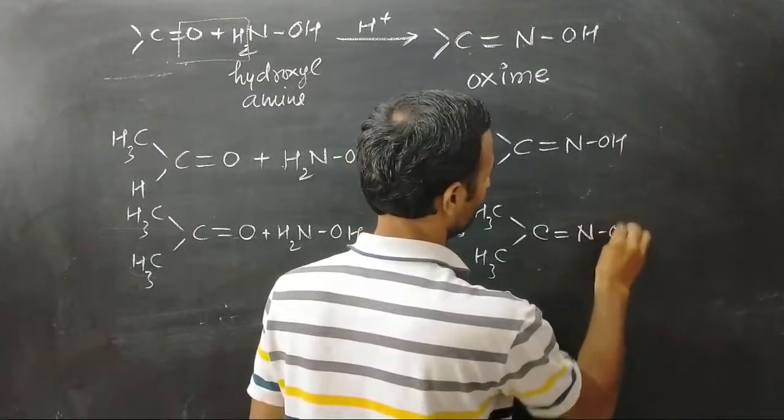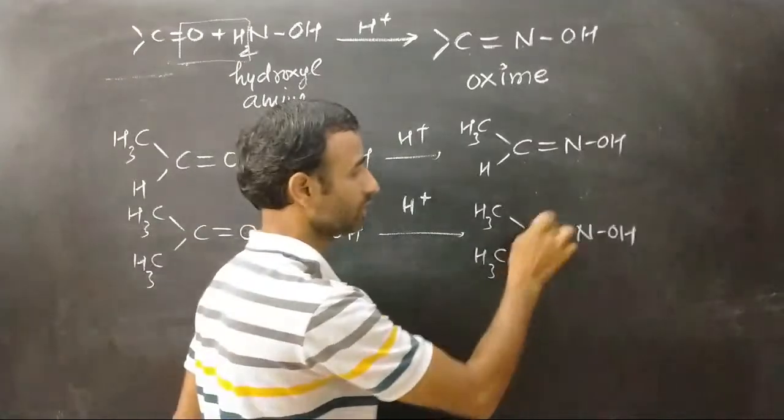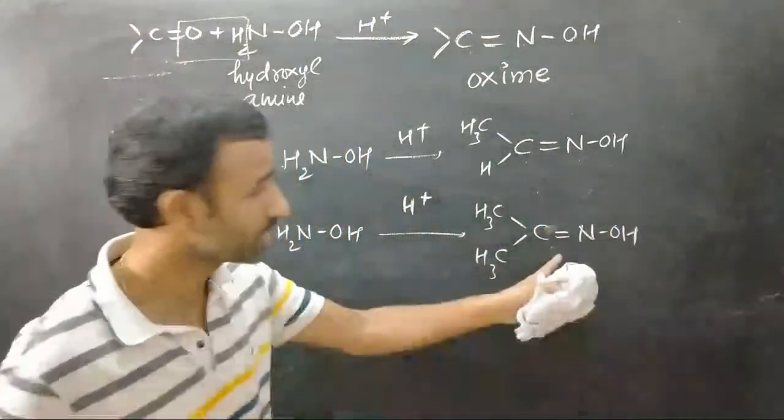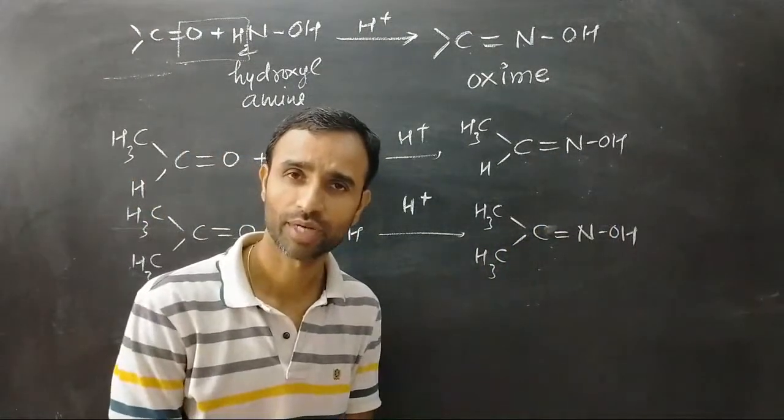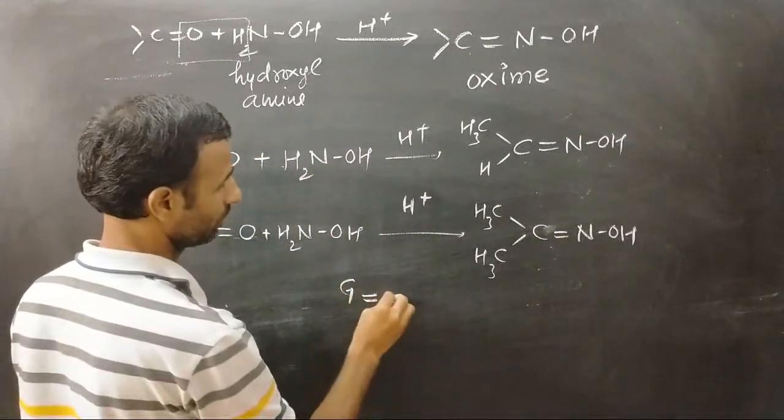That is aldoxime and ketoxime. This is aldoxime, this is ketoxime. Right? So here in this case G is OH.